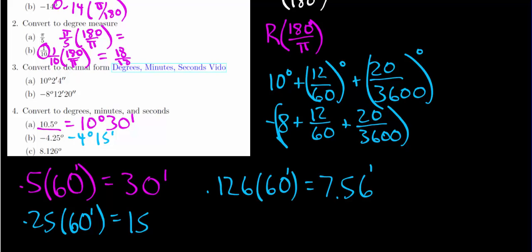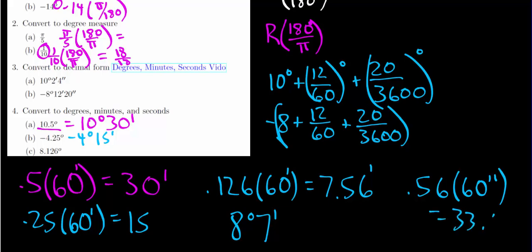So we have 8 full degrees, 7 full minutes, and then 0.56 of that, 56% of another minute, which is 60 seconds. Okay, so it's 0.56 of 60, and we get 33.6. And I'll just keep that as 33. That's accurate enough. So we have 8 degrees, 7 minutes, and 33 seconds.